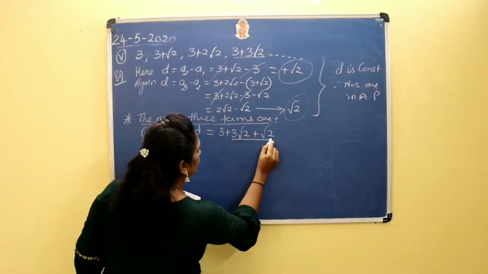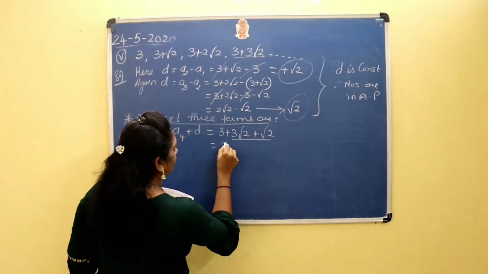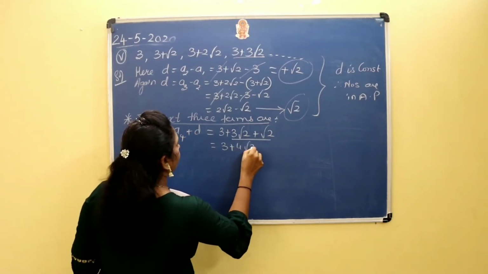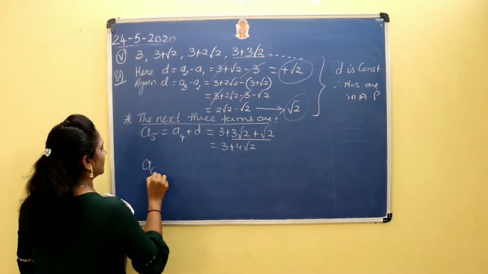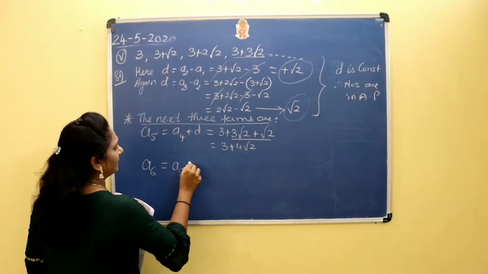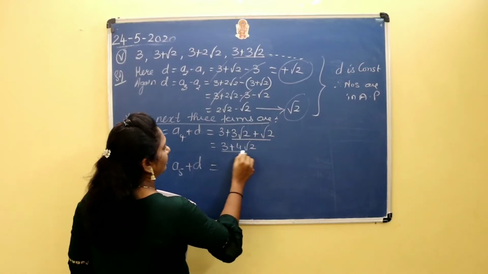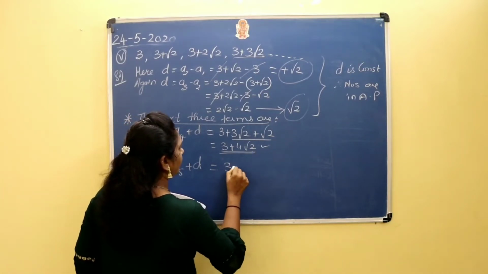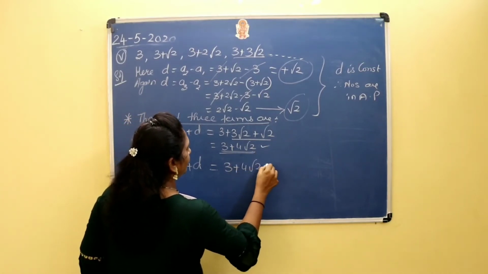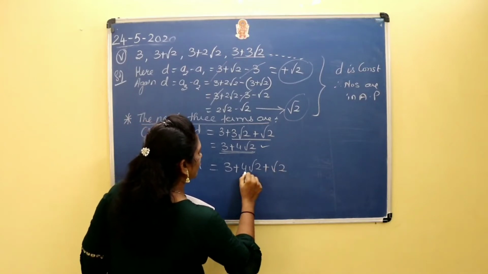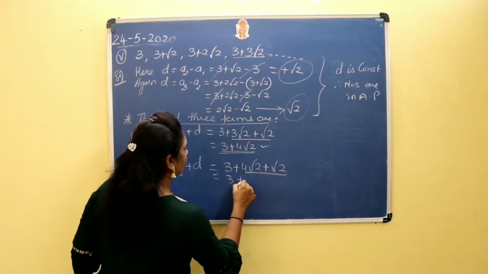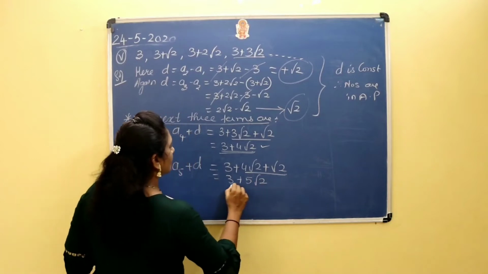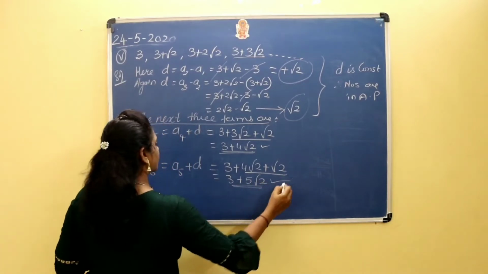So, 3 root 2 and root 2 will become 4 root 2. So, it is 3 plus 4 root 2. Coming to A6, A5 plus D. This is your A5, 3 plus 4 root 2 plus root 2. So, this will become 3 plus 5 root 2. So, this is your A6.